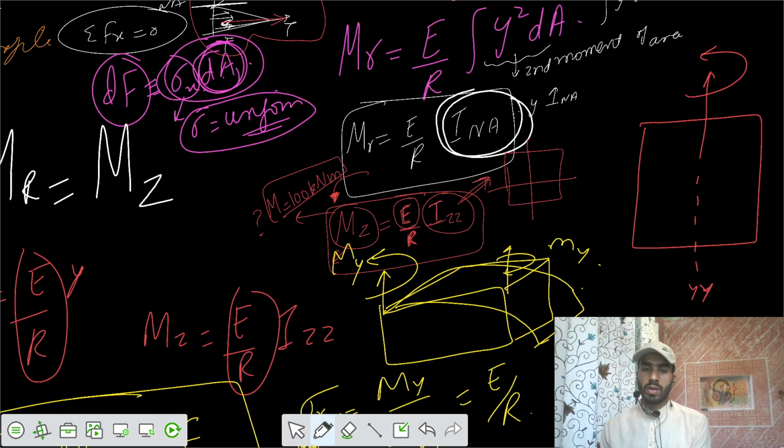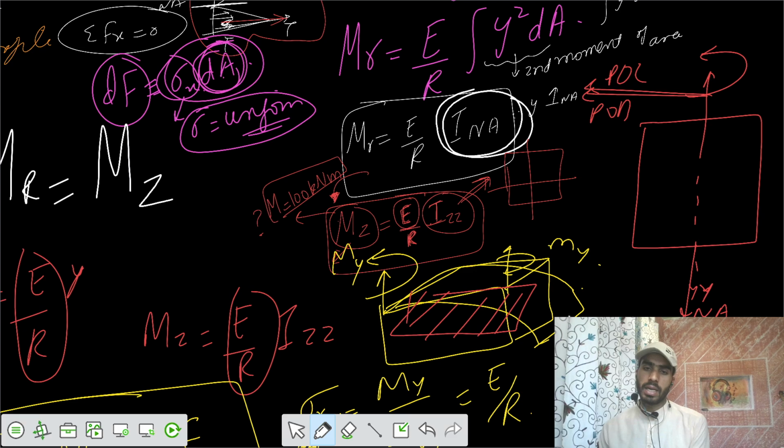So we have perpendicular to this plane of couple, and perpendicular to that neutral axis. The neutral axis is also in the same direction, and perpendicular to that we have the plane of bending. That means the plane of bending is in this fashion. With respect to that, your beam is bending in this way.